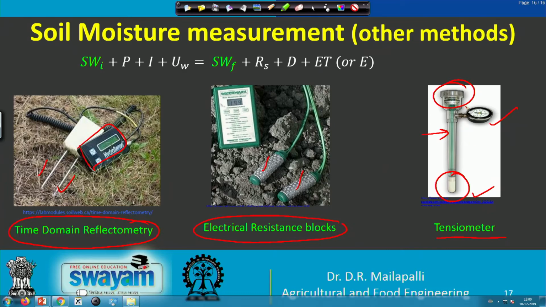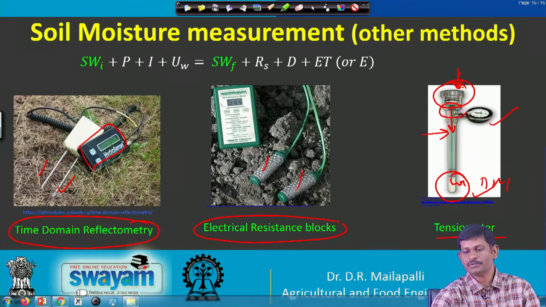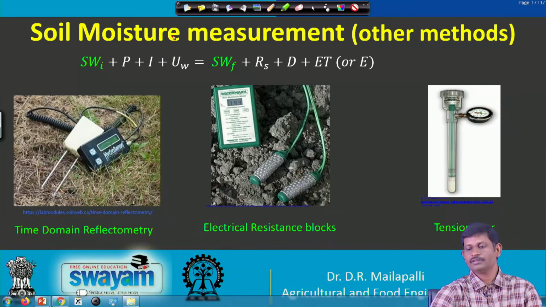Suppose the soil is dry, so the water present in the tensiometer will slowly be released to the soil through the pore space of the porous cup, and the water level will come down here. Since atmospheric pressure is not involved on top, a vacuum will be created, and that vacuum will be measured in this gauge. This is how it works, and that will be equal to the soil water potential.